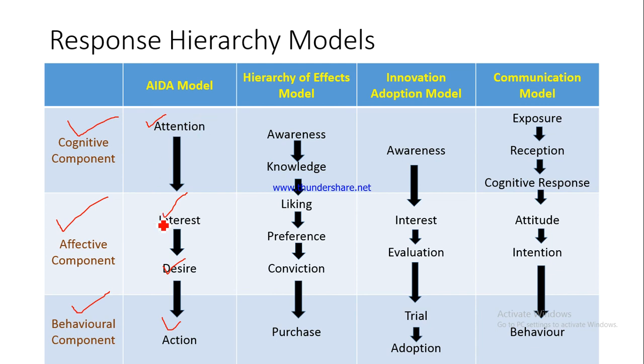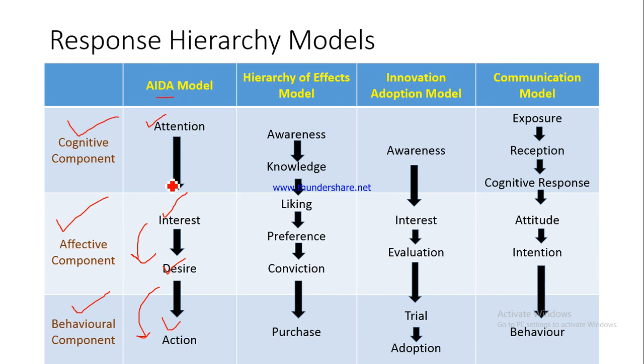Once he pays attention, then he'll feel interested towards your product, and then he'll start desiring your product. So it is a greater level of interest. So when interest increases, it becomes desire. Now he is not just interested in the product, but he desires to have your product, and then he indulges in some kind of an action, maybe purchasing that particular product. So attention, interest, desire, action. That is why this particular model is known as the AIDA model.